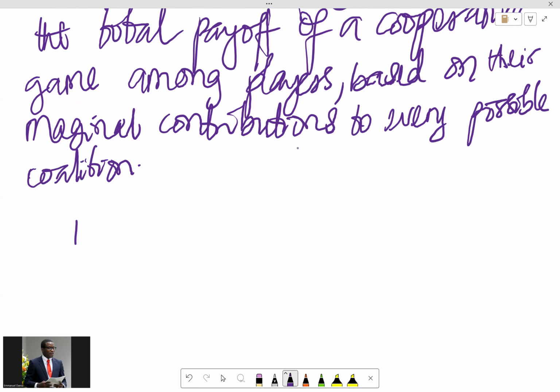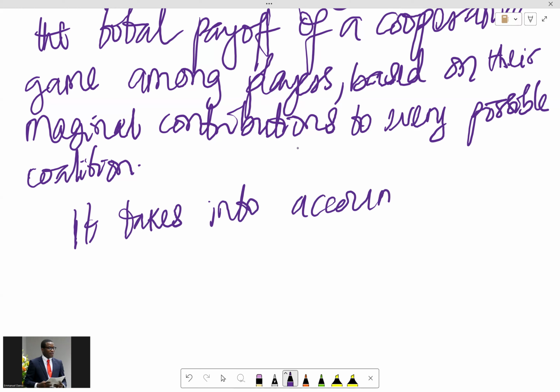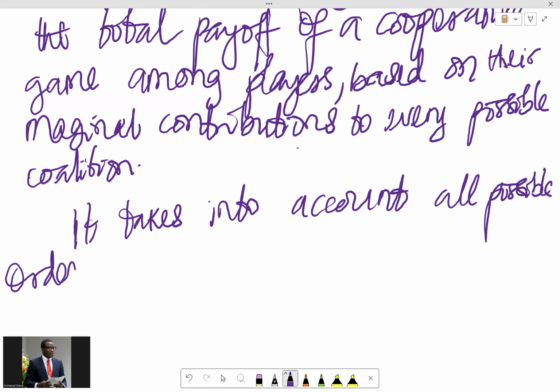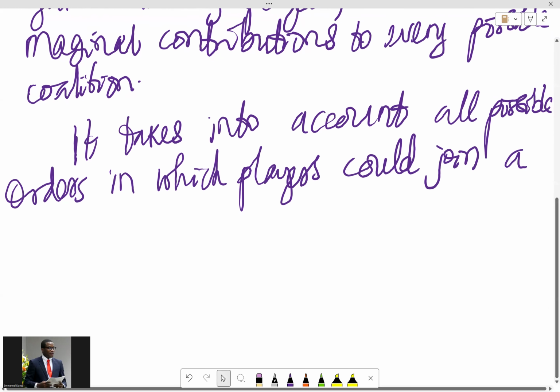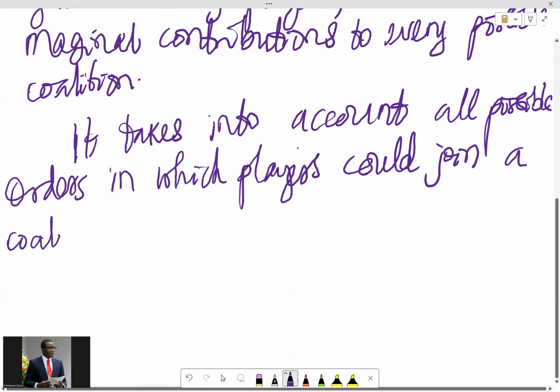So it takes into account all possible orders in which players would join a coalition. The order of joining is really important here.